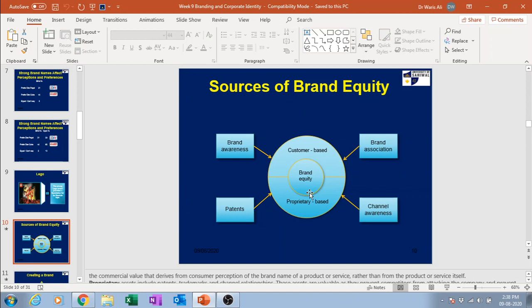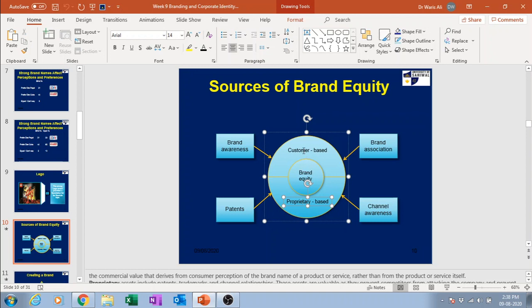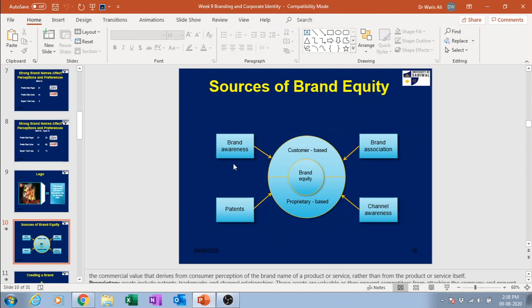And now the question arises, how can you create brand equity? What are the bases and sources of brand equity? There are two sources: first, customer based, and second, proprietary based sources. Customer based means to what extent customers are aware of your brand.